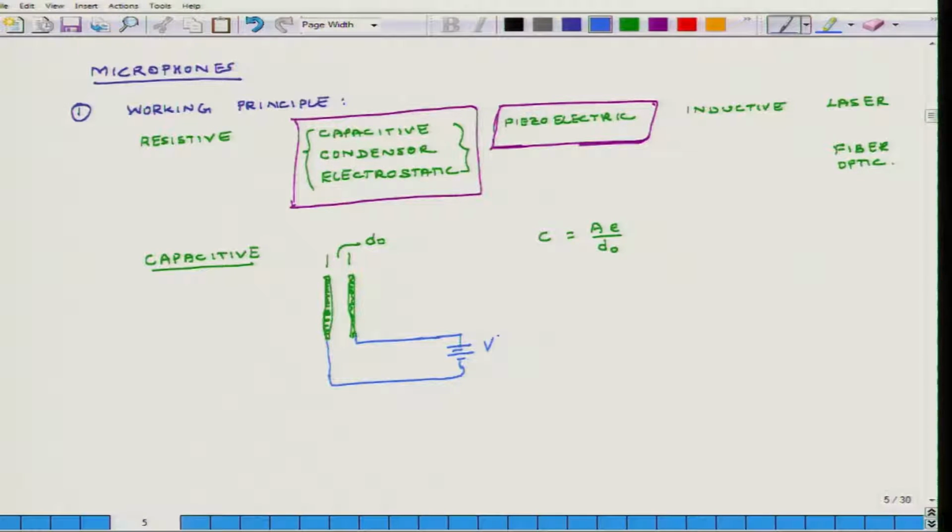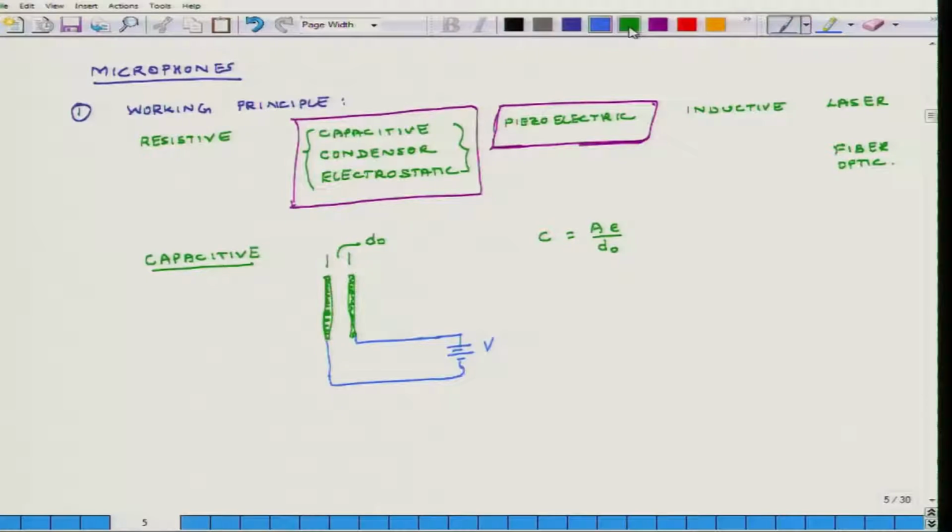So, let us say I apply a voltage V. These two plates act as a capacitor, and when I apply a voltage across it, a charge gets developed across these two plates, and the value of this charge is Q. And what is this Q? Q is equal to C times V, okay, capacitance times voltage.